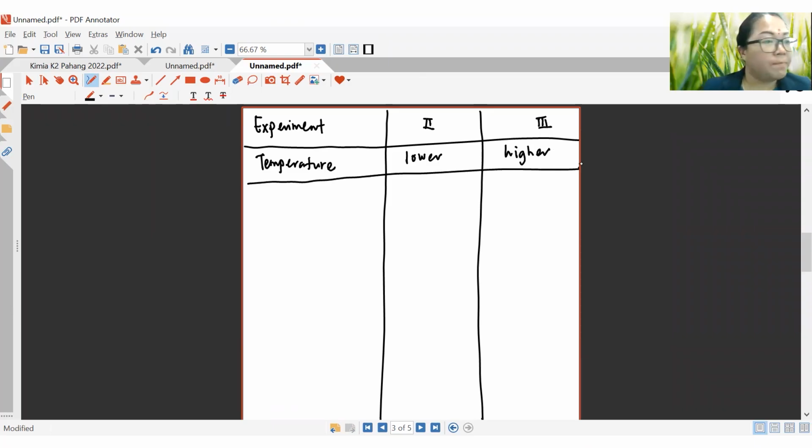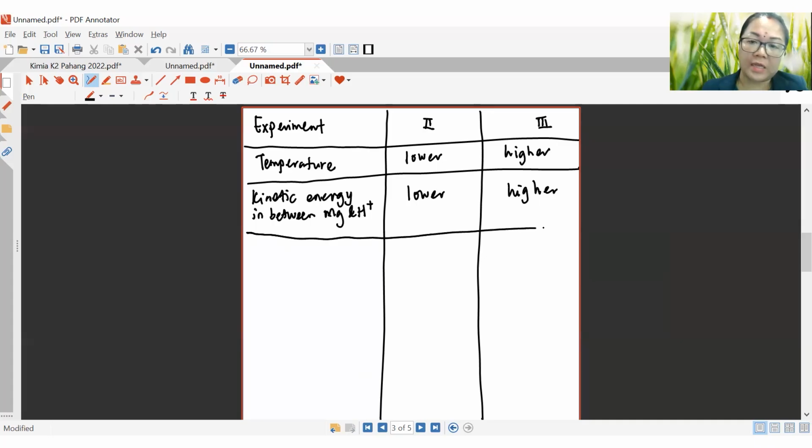Next, when it comes to explanation of temperature, we have to mention the kinetic energy in between, if possible, state specifically magnesium and H plus. This is lower, this is higher.